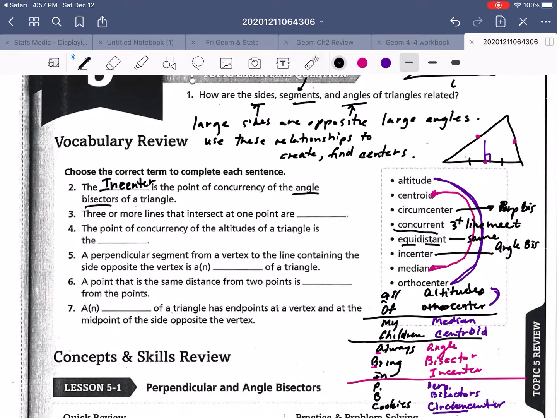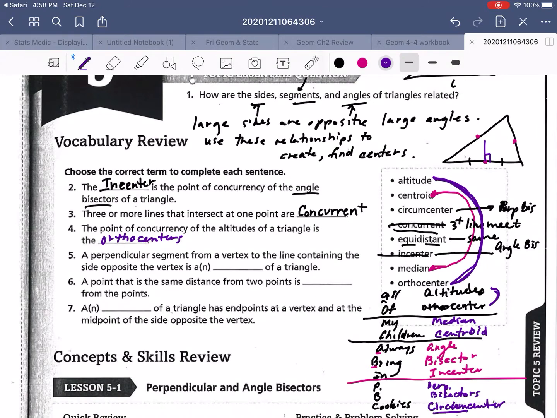Three or more lines that connect, those are called concurrent, when three or more lines meet. The point of concurrency of the altitudes: we said altitudes make orthocenters.